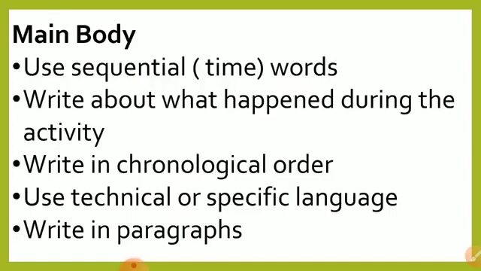Next point is to write in chronological order. The way that incident or event happened, you have to write in that way. First what happened, after that what happened, in chronological order. Then use technical or specific language. And an important thing is we have to write in paragraphs.